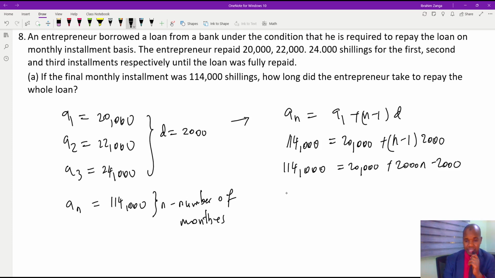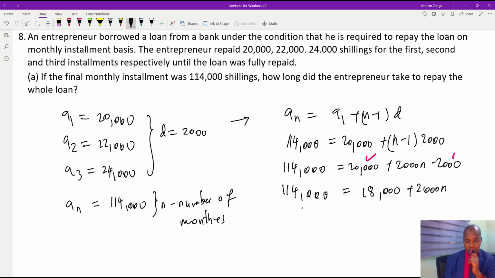When you combine like terms, you have 114,000 equals 18,000, because 20,000 minus 2,000 gives 18,000, plus 2,000n.